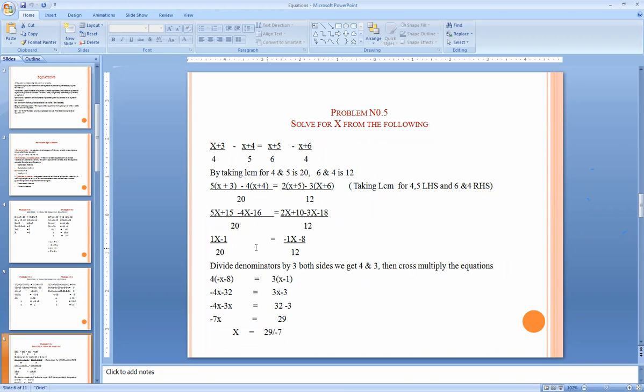And there are no other numbers and no other x to calculate. Are you seeing this one? There are no x values and in place of numerators and numbers also. So no numbers and no x are there to add or subtract. Just simply we should go for cross multiplication. How to do cross multiplication means left hand side numerator with right hand side denominator.